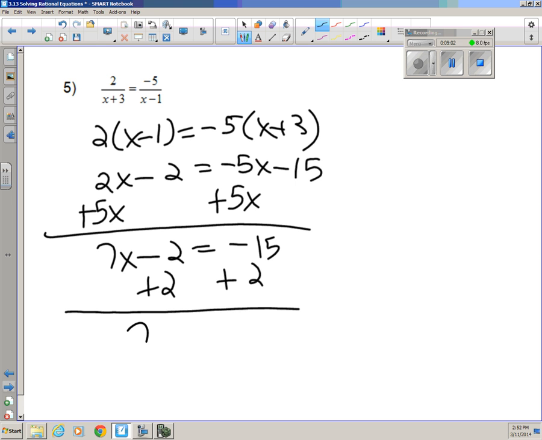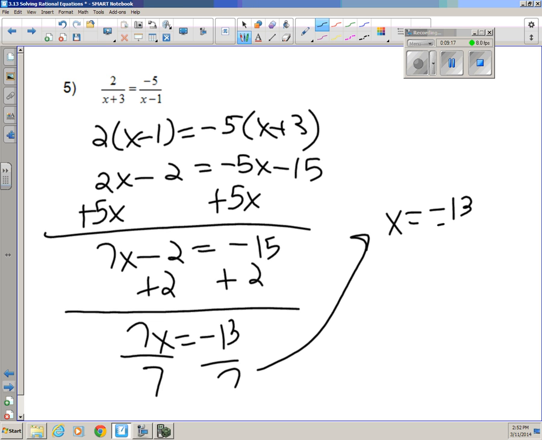Add 2, 7x equals -13, divide by 7. And you don't get an integer answer, it doesn't matter. So your answer is going to be x equals -13/7. It doesn't have to be an integer answer, not a big deal. Don't let that bother you.